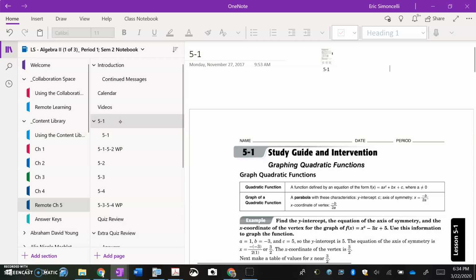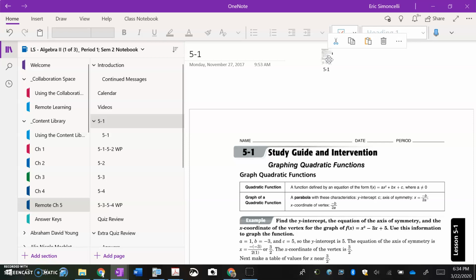Okay, so let's treat this like a day 1 lesson on section 5.1. If you take a look at the very top, this is a PDF that I've embedded, which you can print off so that you can take notes at home. If you can't print it off, simply get out a piece of paper and pencil and write down what we're doing here today.